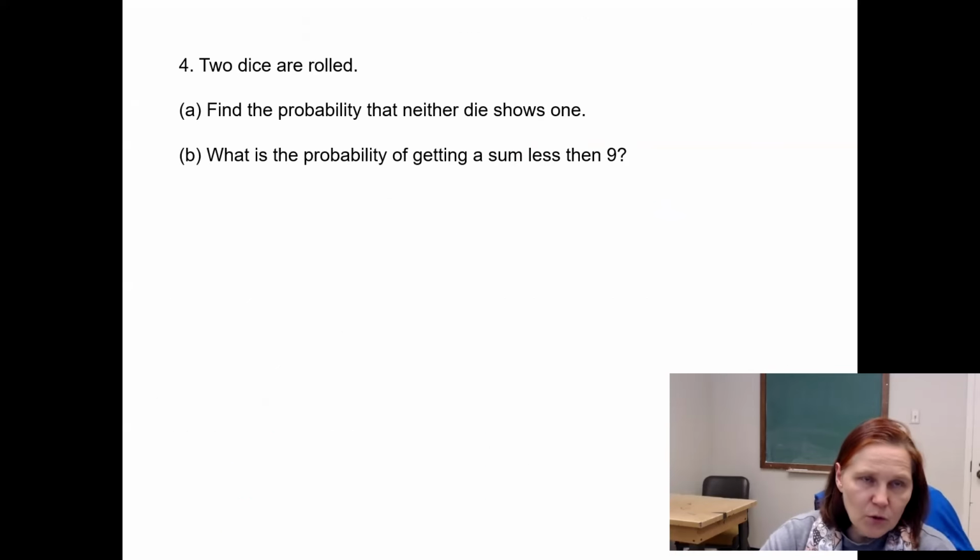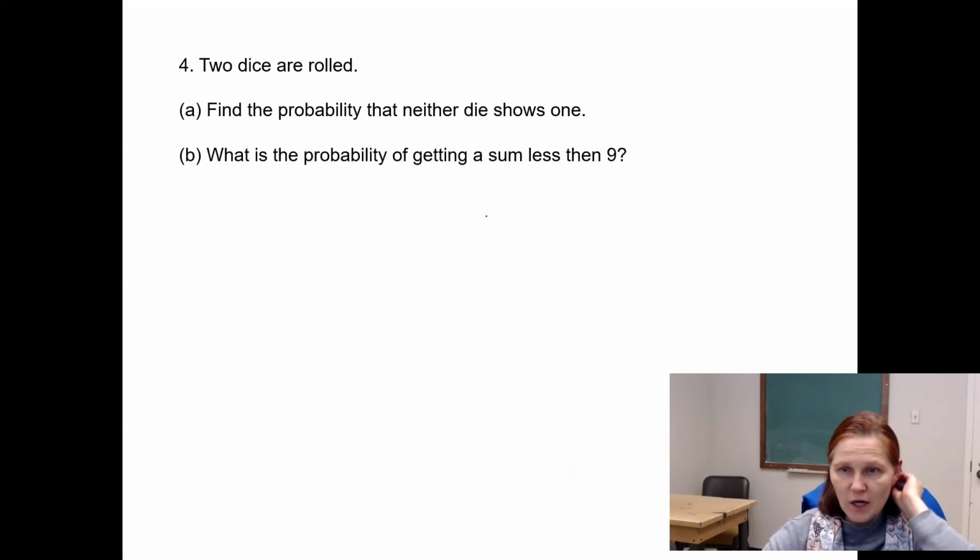Two dice are rolled, and we have two questions here. Find the probability that neither die shows 1, and what is the probability of getting a sum less than 9? To answer this question, we need to consider the sample space of this event, rolling two dice. There are 36 outcomes, and it is helpful to see these outcomes in front of you.